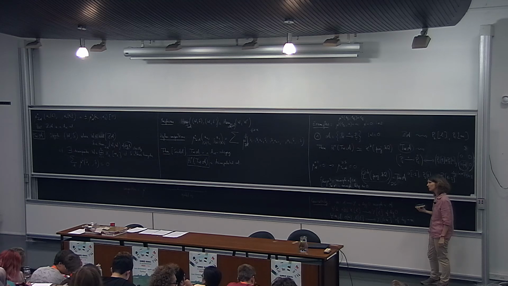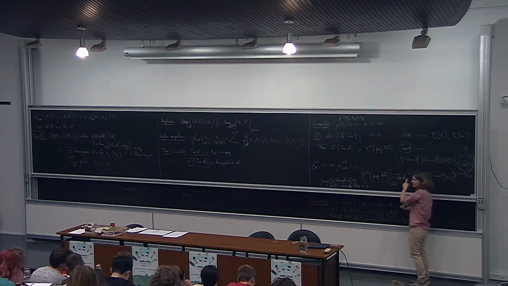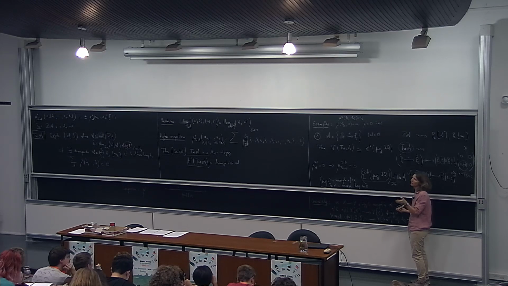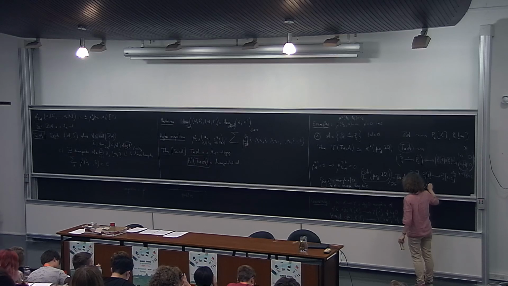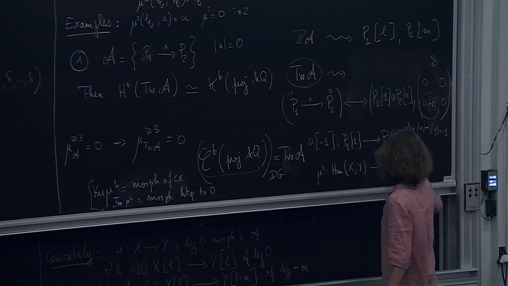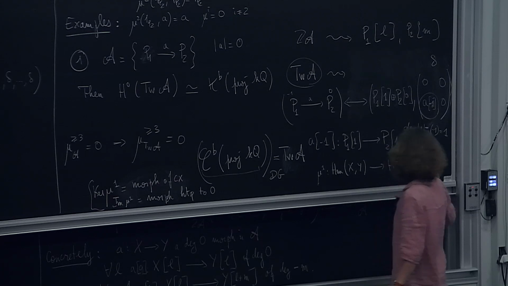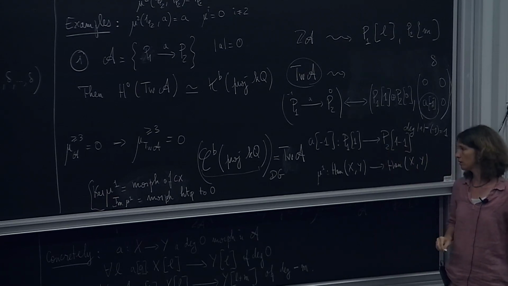Delta is the differential between objects. Delta is a map. Mu1 is a differential that eats maps, right? Mu1 goes from xy into xy. Okay?